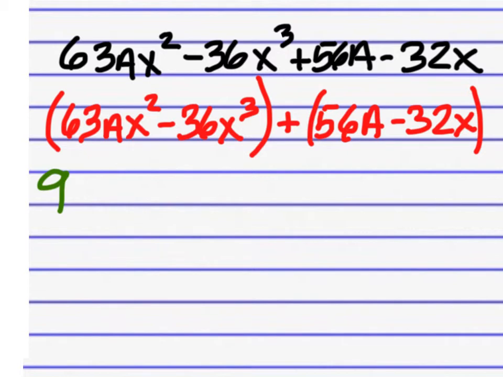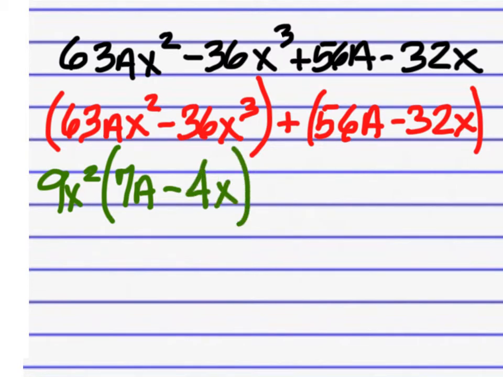So then we have an a, but it doesn't show up in both. What's the highest power of x that we can take out of x squared and x to the third? Well, if I took out an x, I would be left with x minus x squared. Then I'd still have x's in both of them. So x squared. This will leave me with 7a minus 4x. 56 and 32.